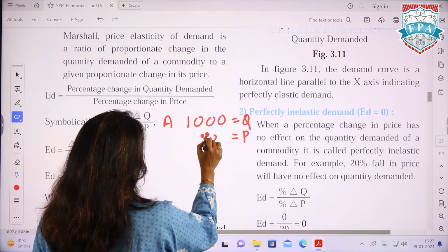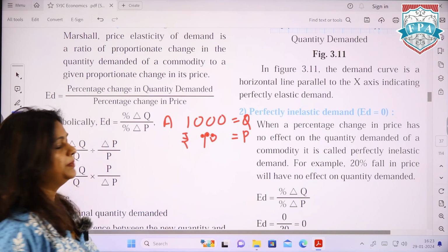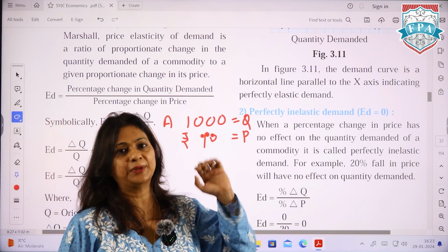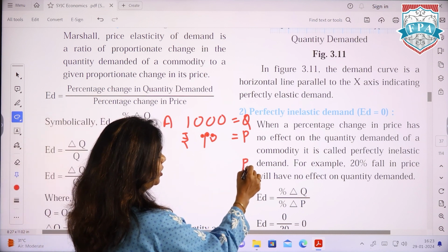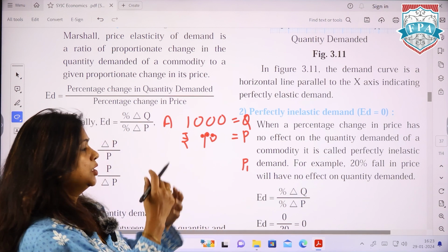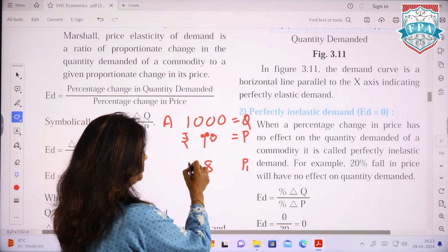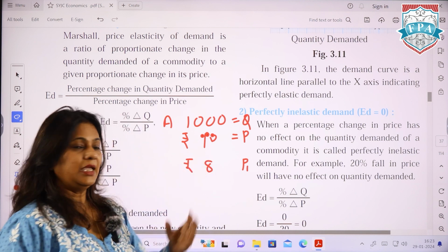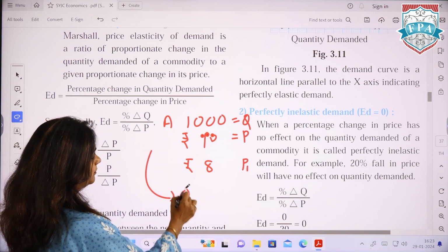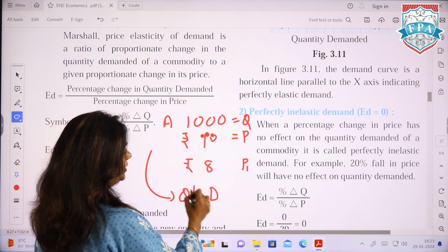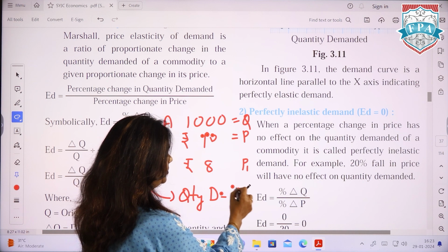Now, if I give you the information that the price has gone down, my P1 has gone down to 8 rupees, the quantity demanded goes up to as high as 1500 units.